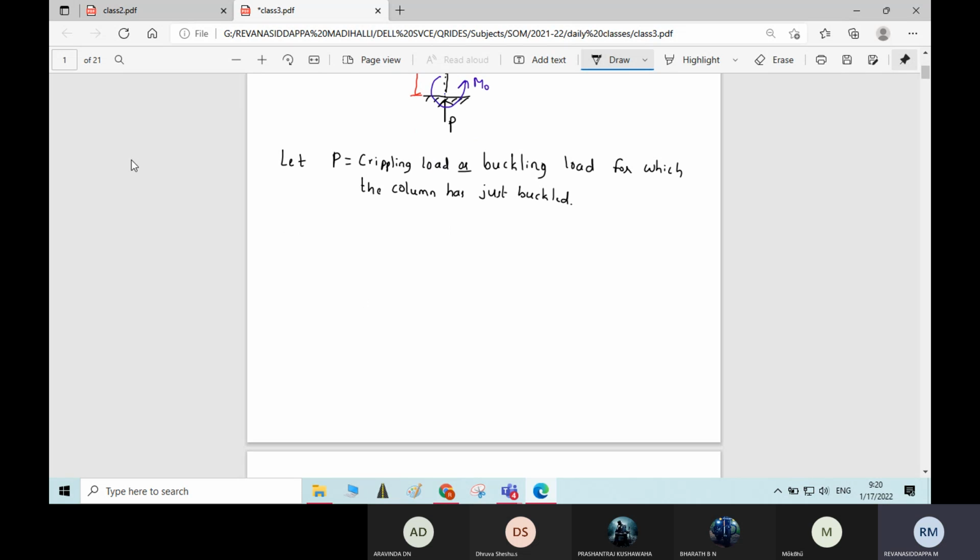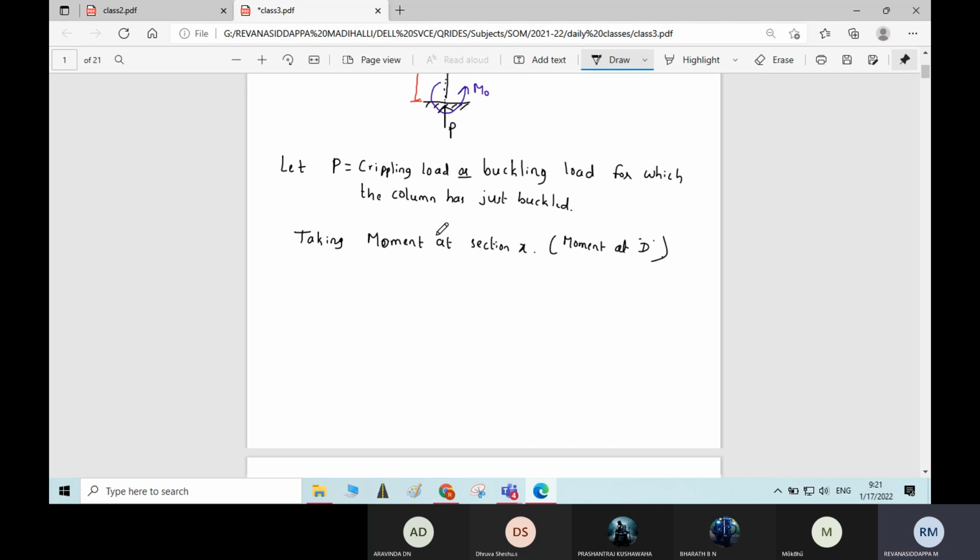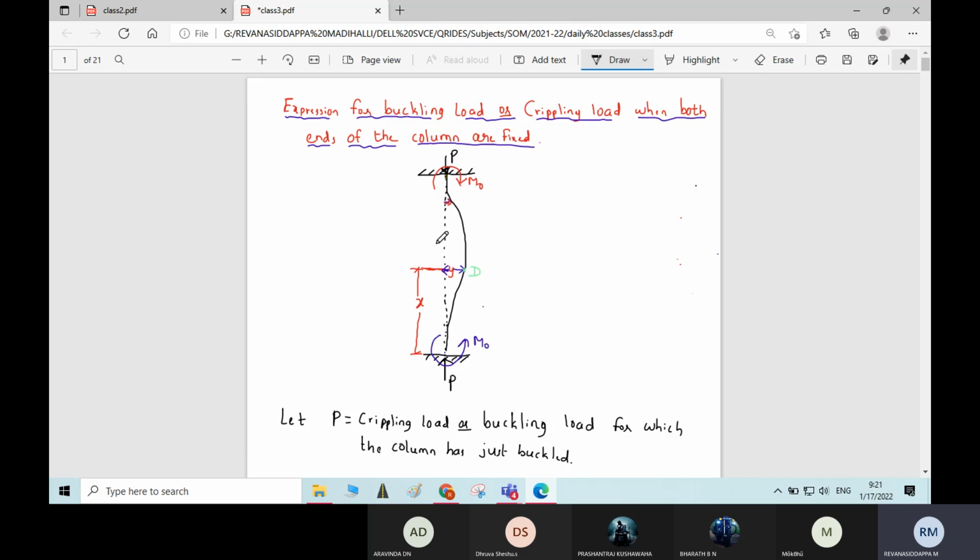Now taking moment at section X, nothing but moment at point D. Okay, what we will get if we take moment of the forces at this point D?